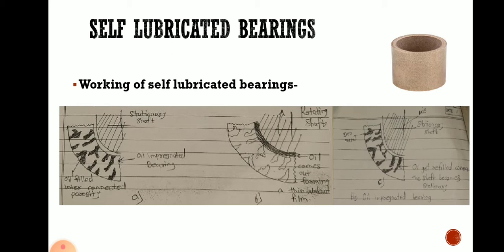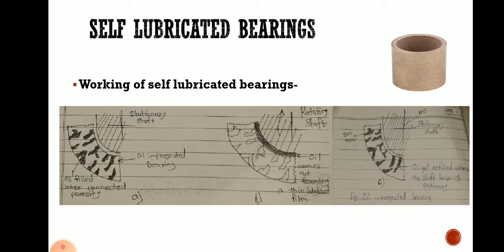In the second diagram you can observe that whenever the shaft started rotating, due to friction the temperature of the bearing will increase, and then because of the heat the viscosity of oil decreases and the flow rate of oil will increase. Whatever oil is filled in the first diagram, you can observe oil filled in all those pores or connectivities between the particles.